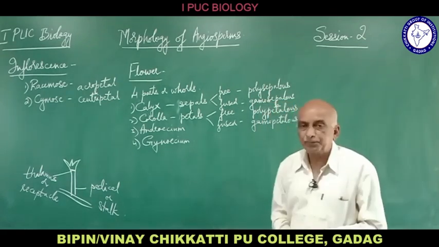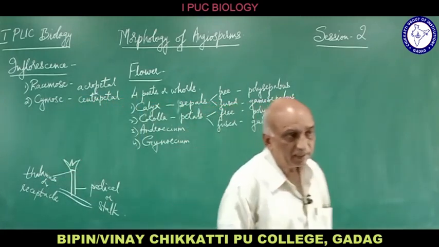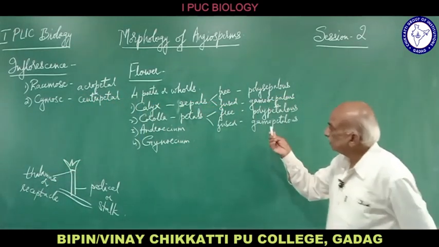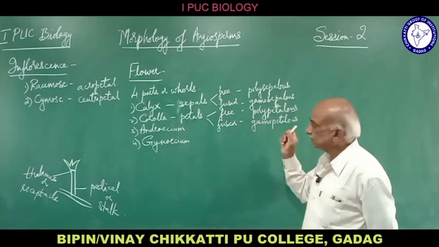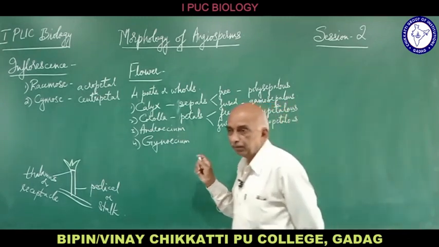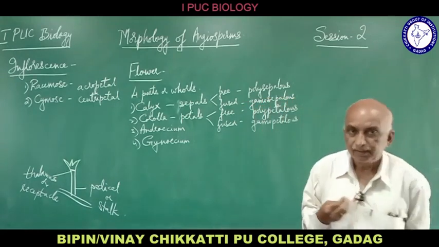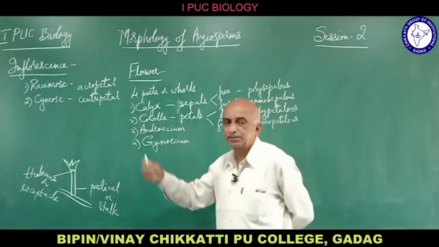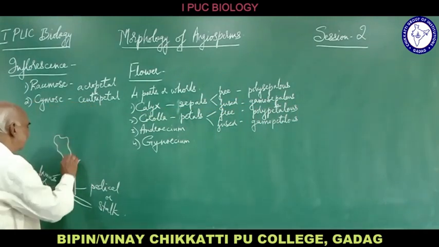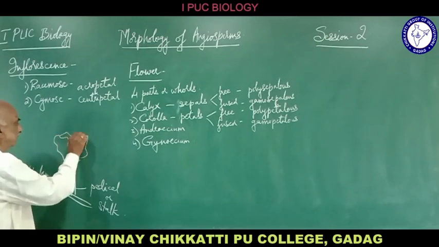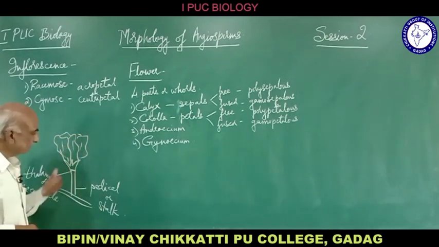So when the petals are fused, as in case of tomato flower, chili, and onion and all that. Especially in chili flower, in tomato flower, there we can see fused petals. Free petals means again hibiscus we can see. So in case of hibiscus, there are free petals. So the petals are freely present, and that is the corolla, and this is the calyx.